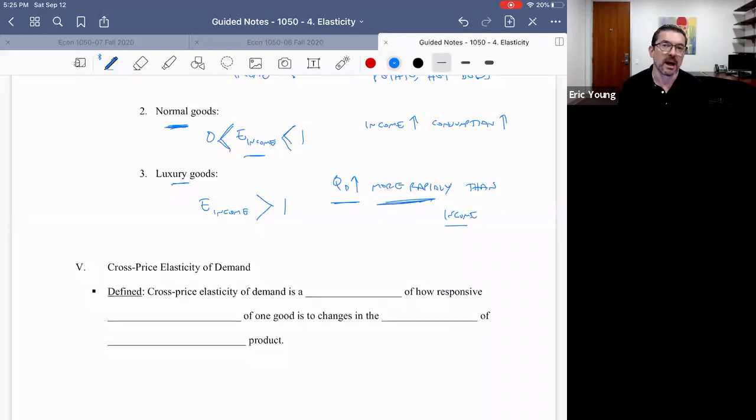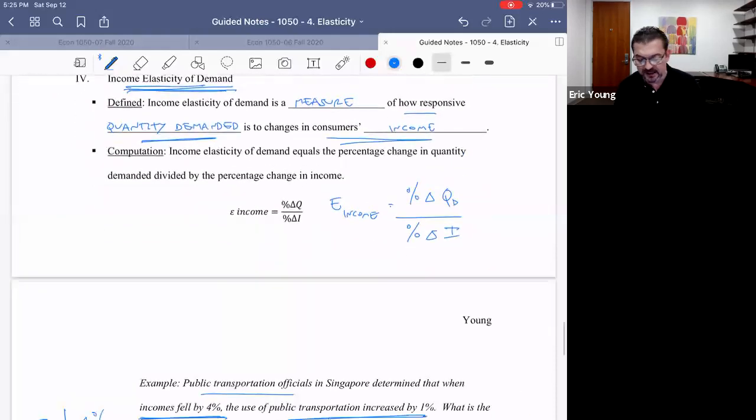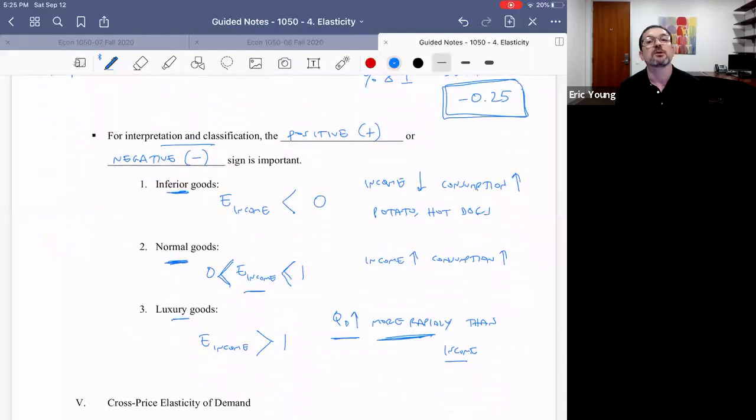Or seen a different way, as incomes rise, you go from consuming effectively 0 of the luxury good to increasing percentages of it as your income rises. That, my friends, is the income elasticity of demand. We're going to use that positive or negative sign to determine if an item is inferior, normal, or luxury.